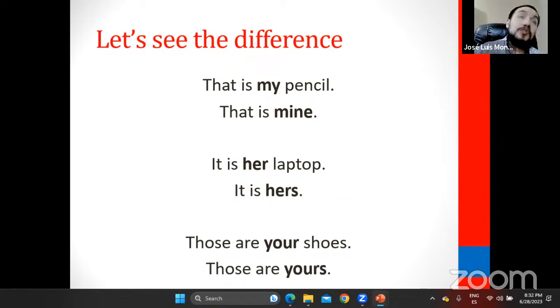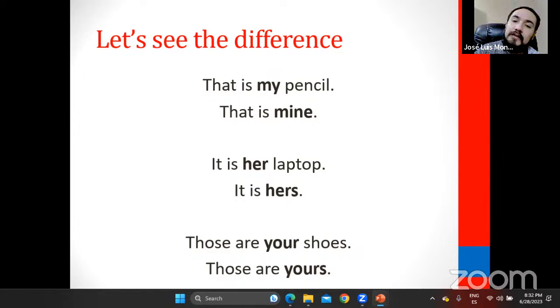Here we can take a look at the two types of possessives that we got related to one another. We have the possessive adjective, and we have the possessive pronoun. So which one is the adjective? Which one is a pronoun? You know that the adjective is like a description of something.